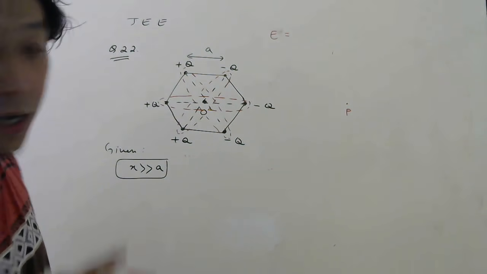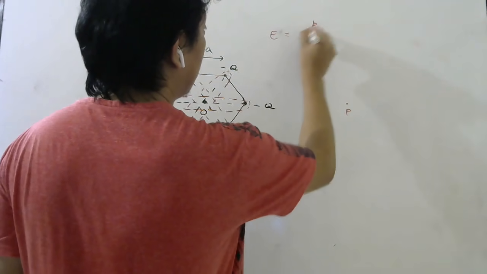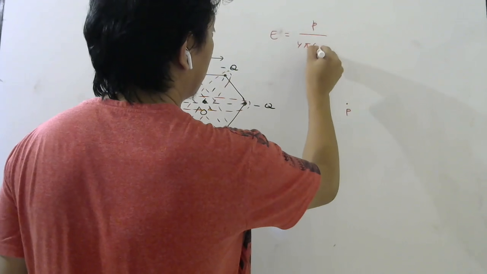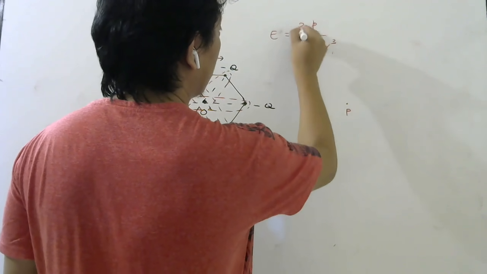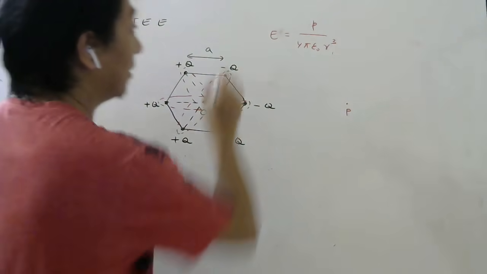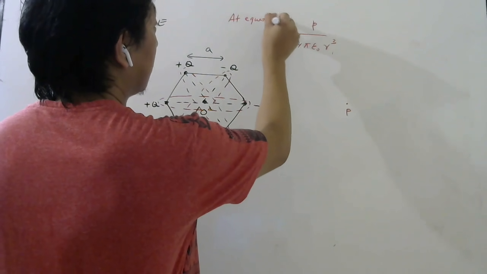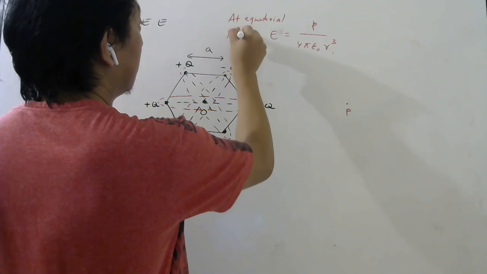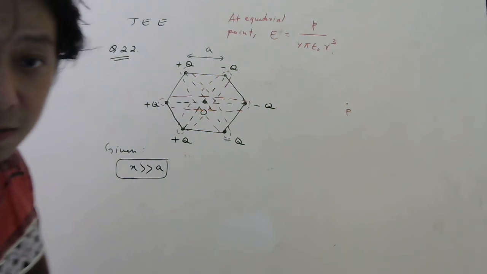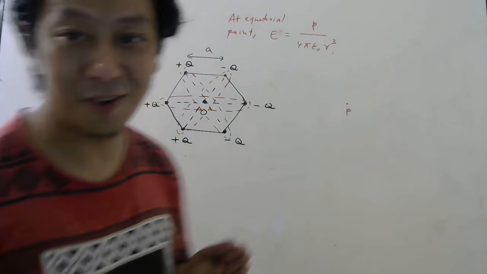What was the formula at equatorial point? P divided by 4 pi epsilon naught r cube. 2 was not there. 2 is for axial point. So this is at equatorial point. So you have to check the formula. Please remember the formulas which I have taught already.